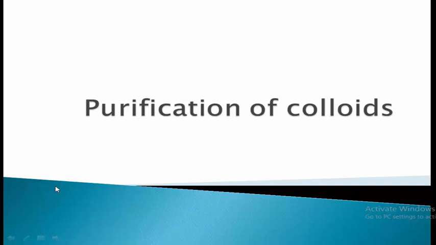Crystalloids or electrolytes have a particle size less than 1 nanometer, because while preparing the colloidal solutions we will add certain electrolytes, and hence after preparing the colloids, the electrolytes will remain along with those colloidal solutions, and therefore we have to remove those crystalloids or electrolytic particles which are present along with the colloidal solutions. For this purpose we will carry out different purification processes.